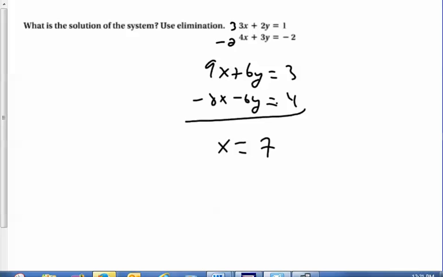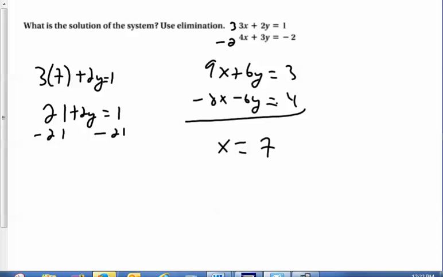That's easy enough. Now I go back and plug it into the original condition. 3 times 7 plus 2y equals 1. So I get 21 plus 2y equals 1. Subtract 21. 2y equals negative 20. So y is negative 10.